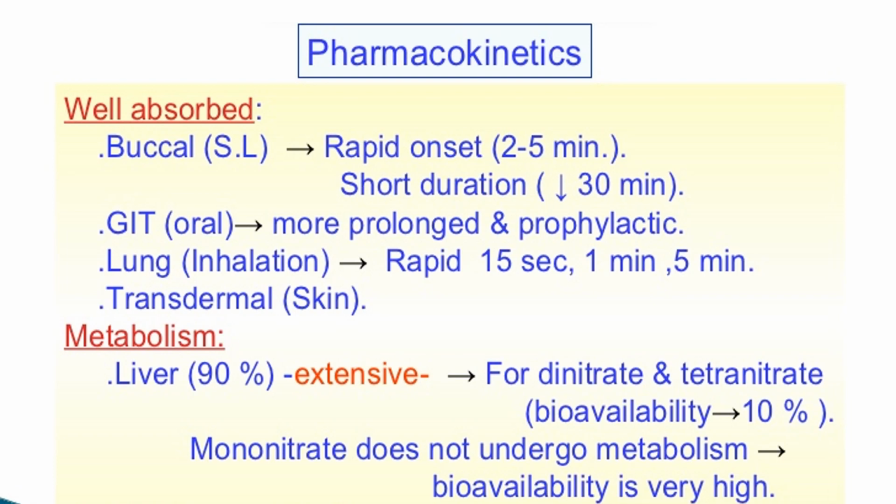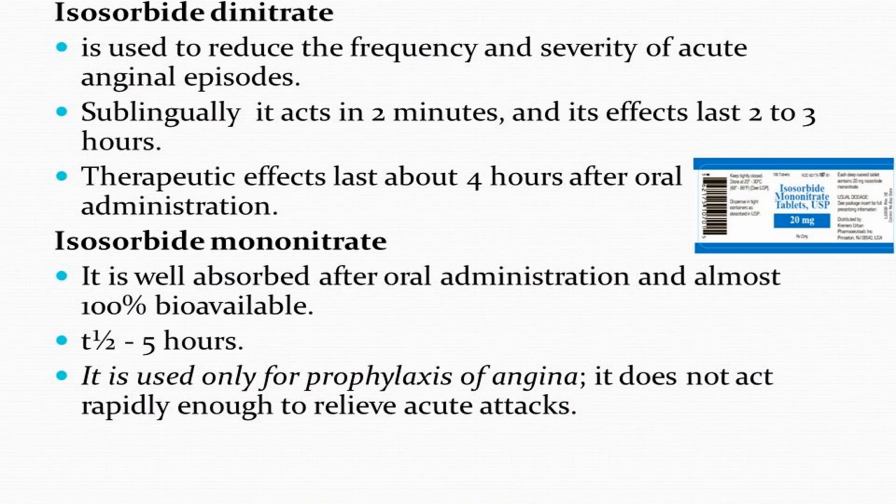And the transdermal patches are sustained release, and usually they are given OD, meaning one transdermal patch a day. Now, what about metabolism? 90% is in the liver, meaning it's extensive for dinitrate and tetranitrate formation. Mononitrate does not undergo metabolism, so its bioavailability is very high.